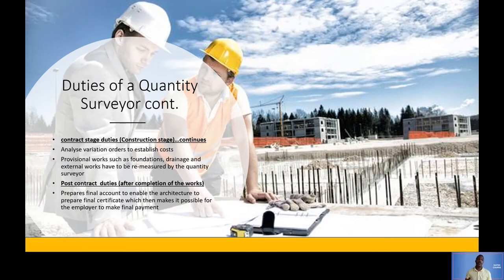So that extra 200 bricks, you then prepare a variation order, because you are now ordering an amount that's actually varying from the original amount. You're ordering an extra amount. So to do that, you prepare a variation order, and that's what a quantity surveyor is involved in as well.